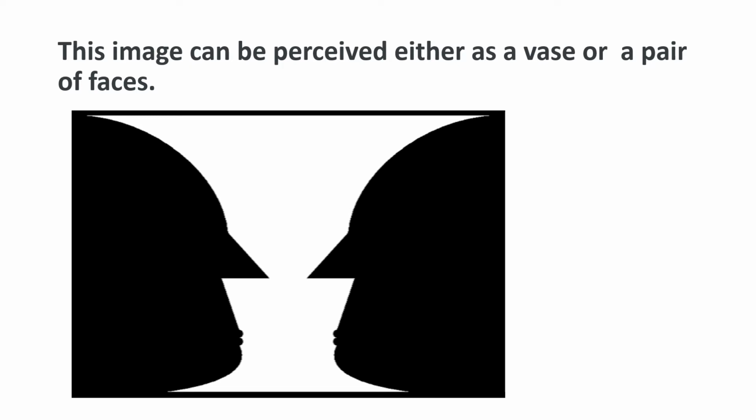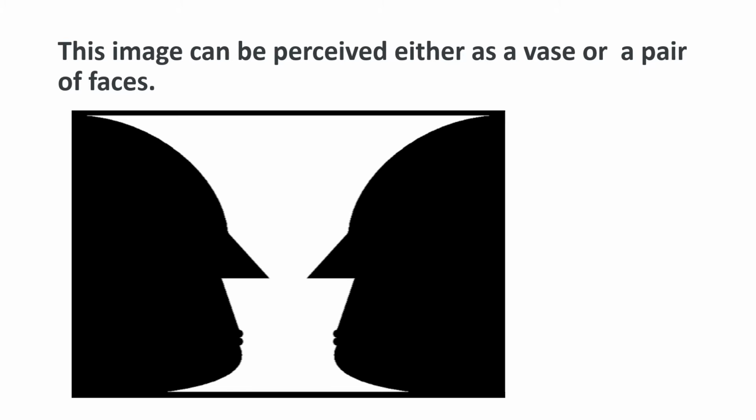We tend to segment our visual world into two segments, figure and ground. That is the figure-ground relationship principle, or closure principle.